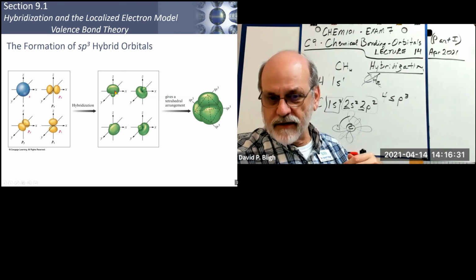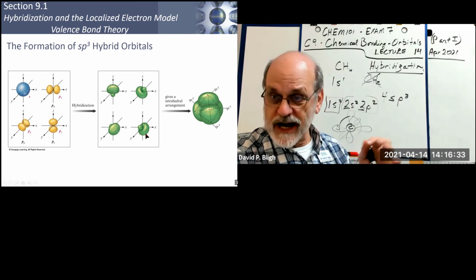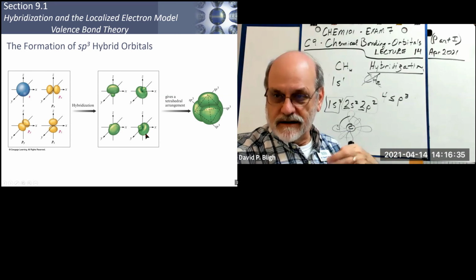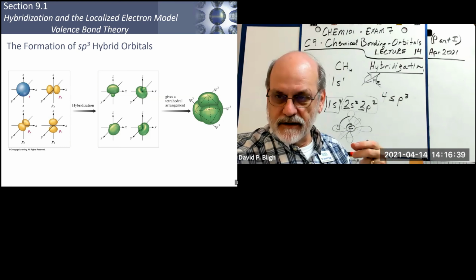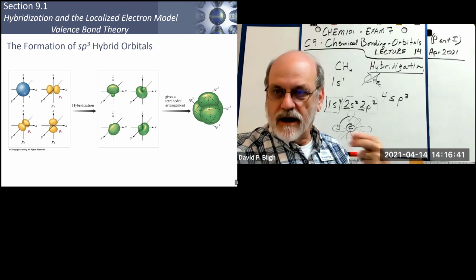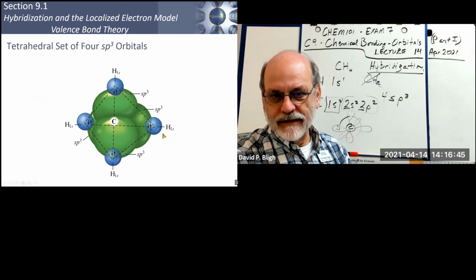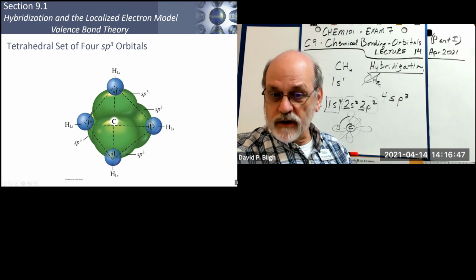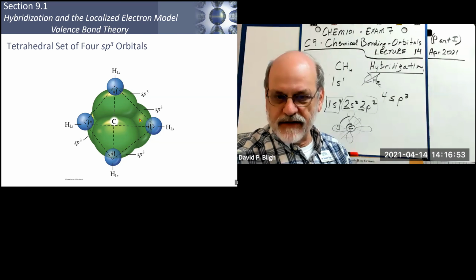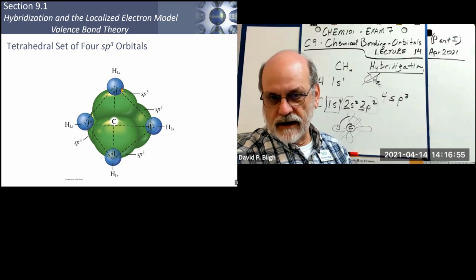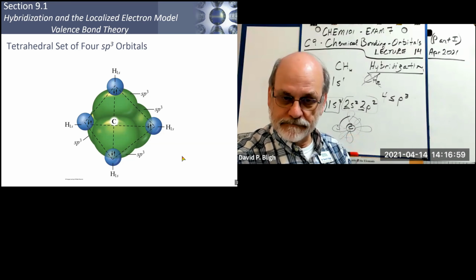But when you put them all together, you get 4 equivalent shapes pointing toward the apices of a tetrahedron. Okay, so that's what it would look like with a space filling model of electron density in the orbitals for hydrogen and carbon in this methane molecule.